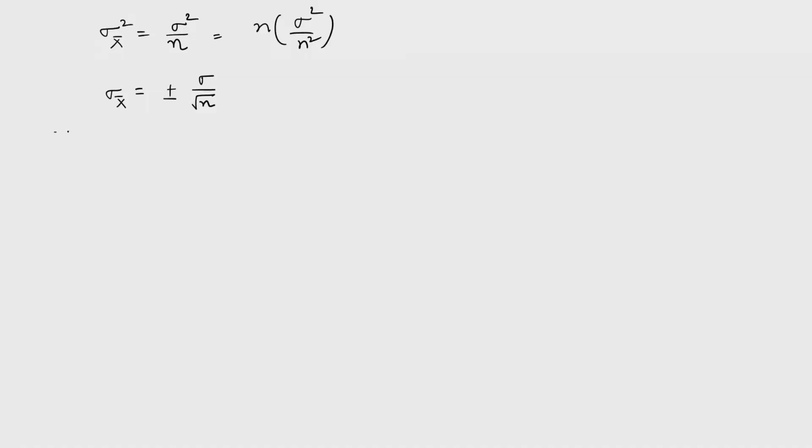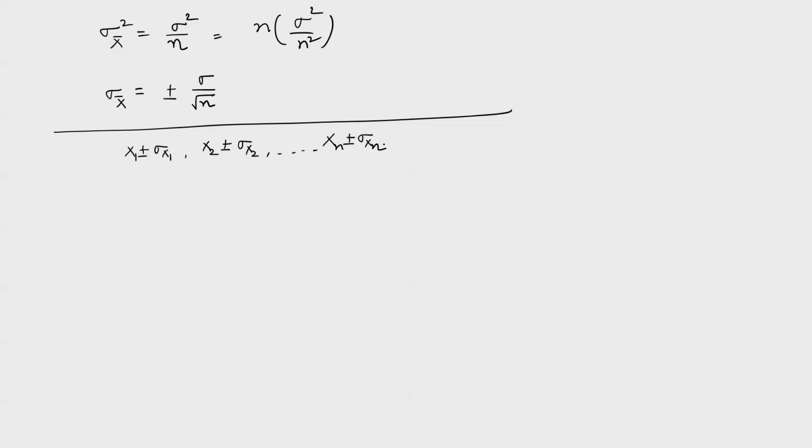Okay, let us make this example a little more complicated and assume that observations are coming from different distributions, which means x1 is coming from sigma x1, x2 is coming from sigma x2, and xn is coming with sigma xn.